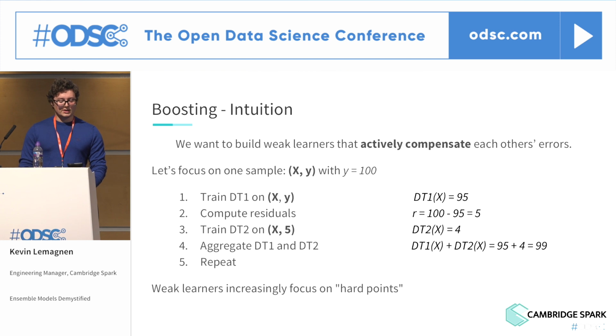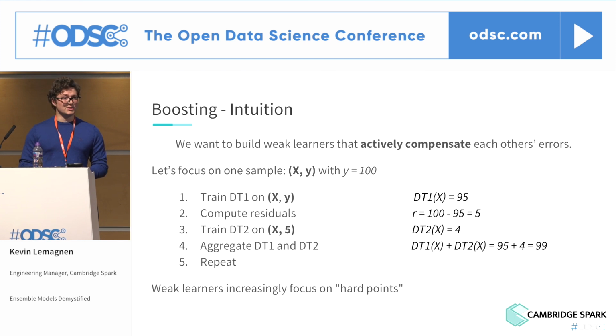So what we notice here is that our weak learners are increasingly focusing on the hard points in your data. You have to imagine that y will actually be a vector of points, and there will be some points that we will get right from the beginning and we'll get close to 0 in terms of residuals. Then other points that we will get really wrong.